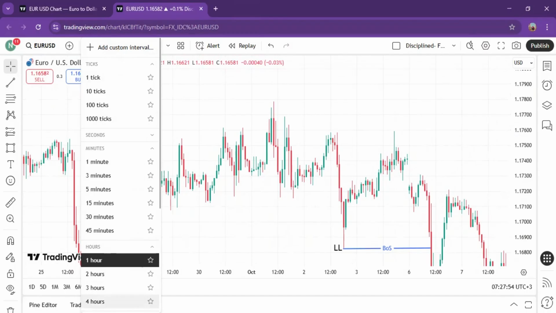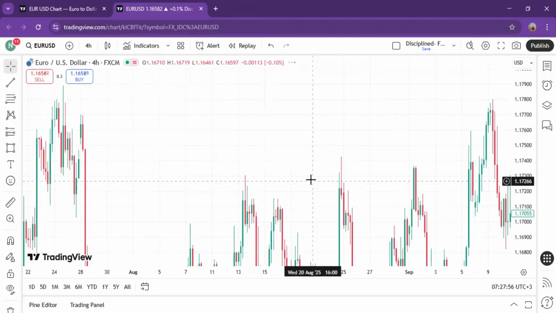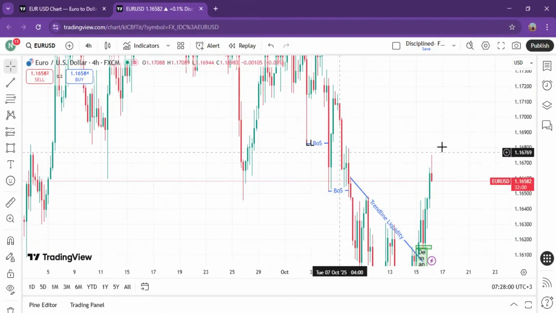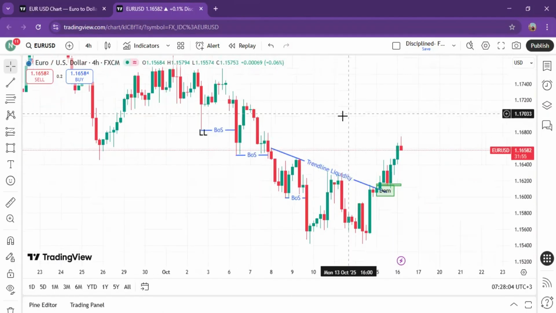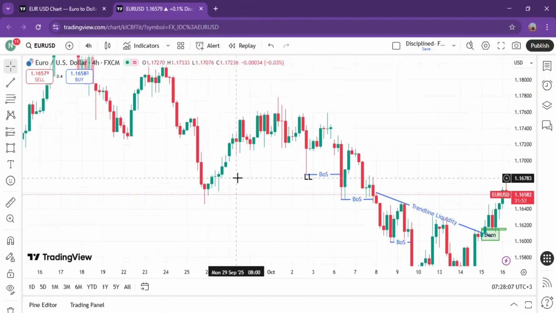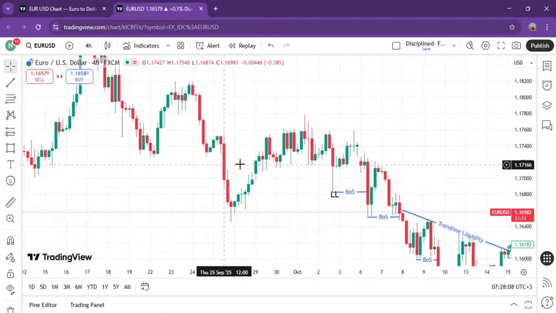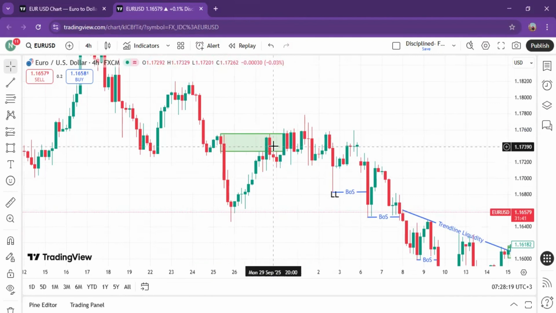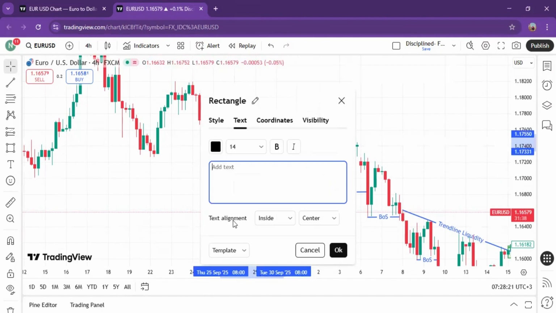Let's go to the 4-hour time frame. So this is what we have on the 4-hour time frame. We have this area of supply here. We have that area of supply.